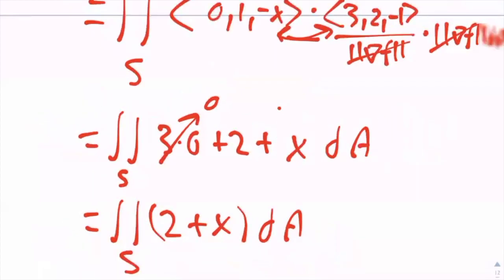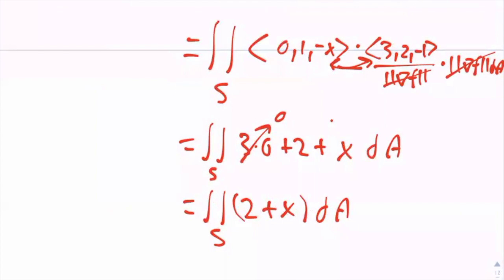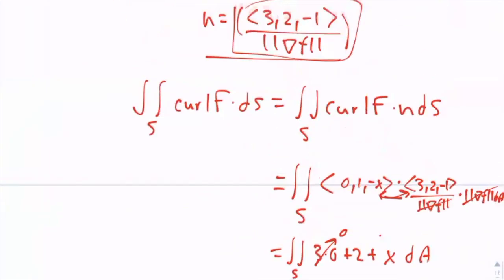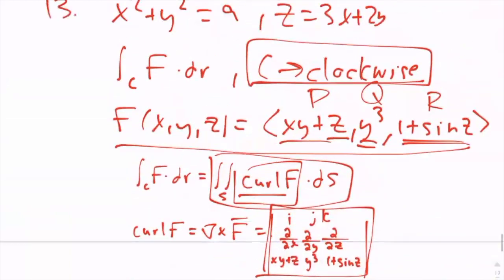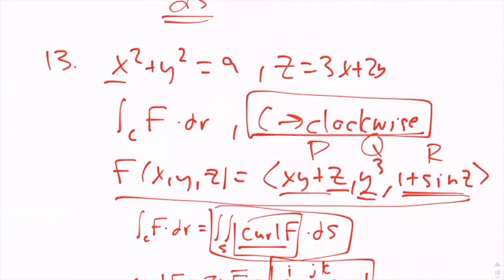All right, so now we have to go ahead and define our dA and our bounds. If we scroll all the way up here, we see that's the intersection of x squared plus y squared equals 9, which is a cylinder. But when we look on the xy plane, that comes out to be a circle.